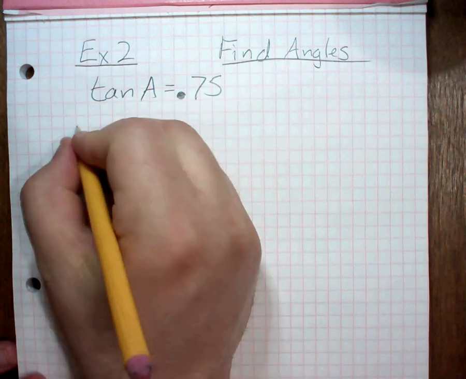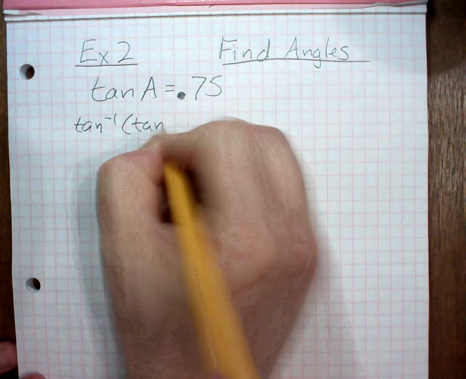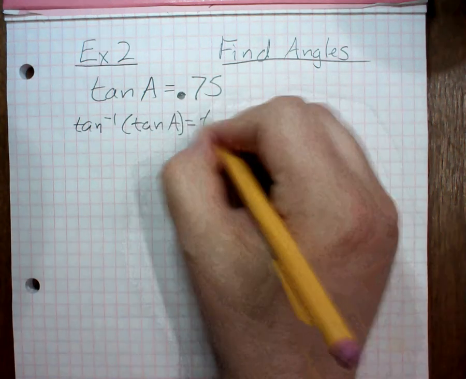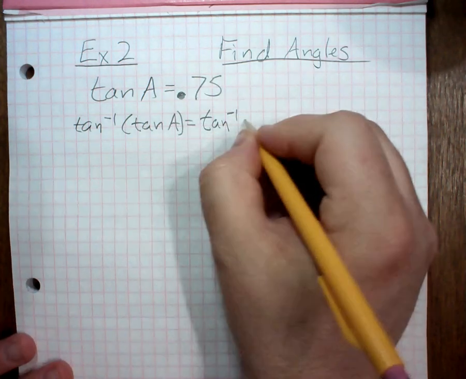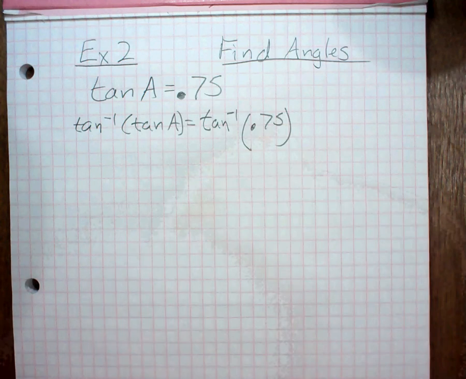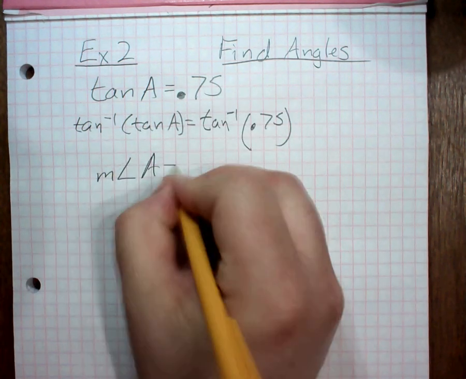So the tan inverse of the tangent of A is equal to the tan inverse of 0.75. They didn't give us a ratio. Technically, the ratio is 3/4, but that's okay. We don't need to know that. So then the measure of angle A is equal to this right here.